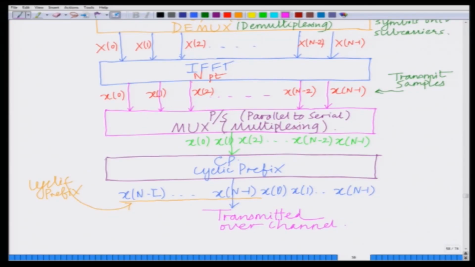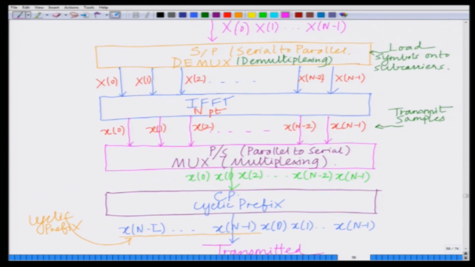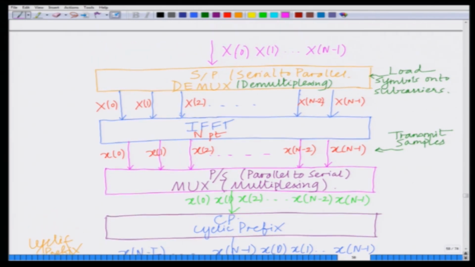Okay. So, this is also known as the transmitter schematic, correct. This is basically the sequence of operations which is carried out at the transmitter. This whole part is known as the transmitter schematic, or the TX schematic.